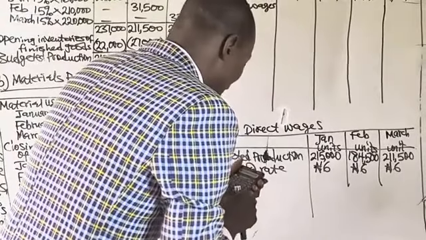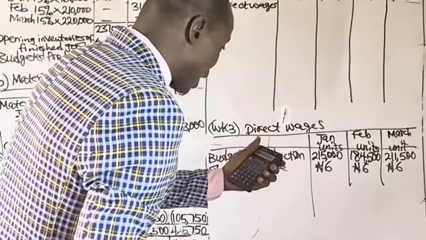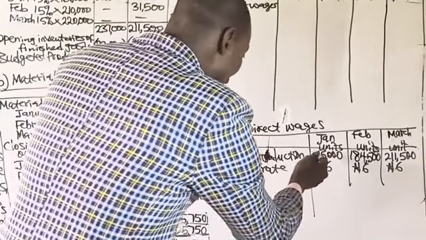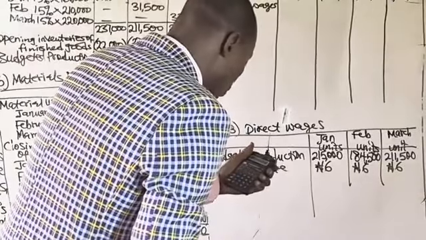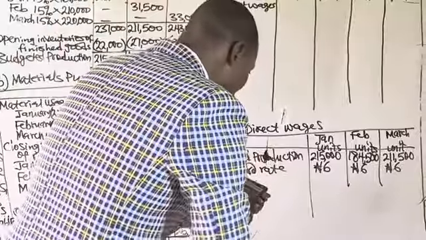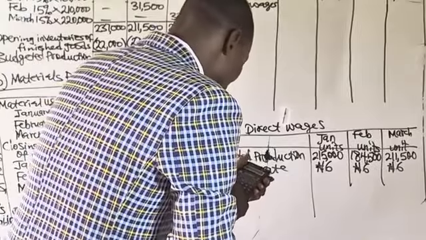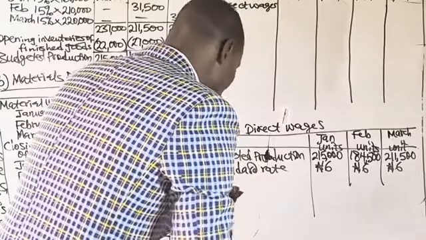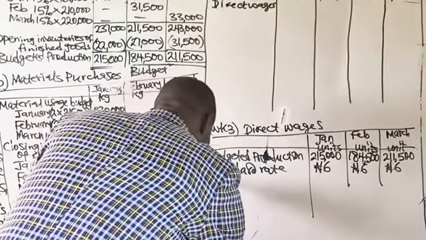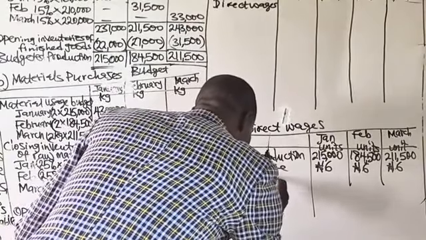I've captured that earlier. Times 12 naira, you have 1,290,000. Or just multiply 215,000 by 6 naira. 215,000 times 6 gives us 1,290,000 naira. That is direct wages.